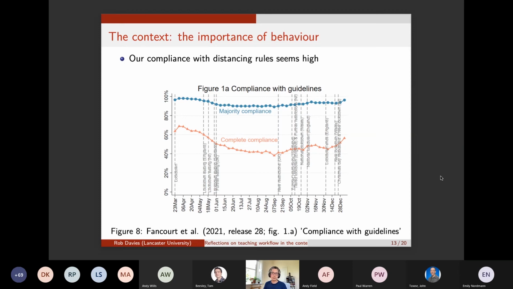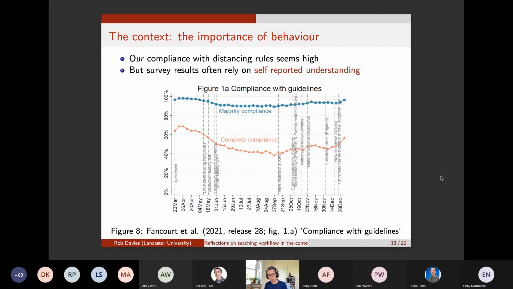This is in the context of an understanding which was pretty clear through 2020, that behavior and what people decide to do was critical to handling the pandemic. And also in the context of survey results suggesting that what was critical was self-reported understanding and variation in that self-reported understanding.